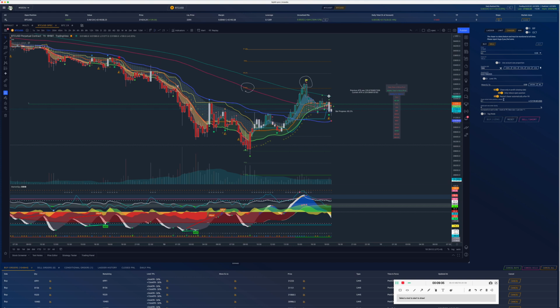Restart Chaser automatically after fill. It should be restarting it, but it's been a while. I'm a little rusty. I don't know why it's not doing it. Okay, so we have another sell.